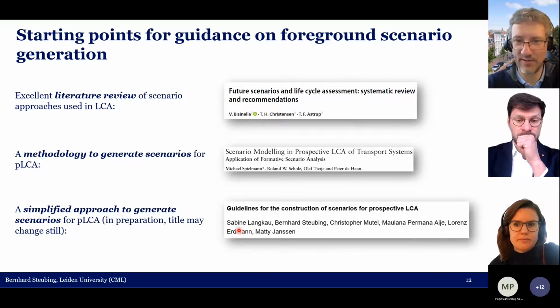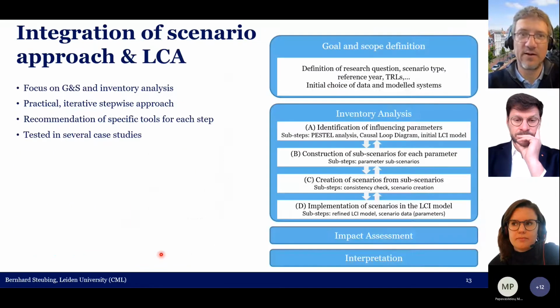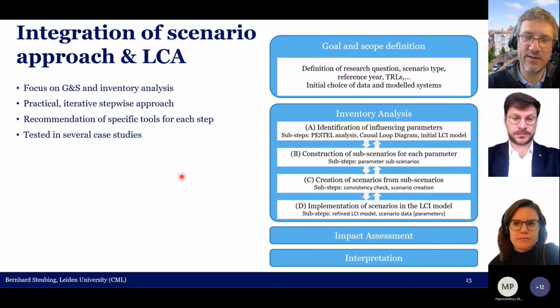This is the approach that we're developing right now. I'll dive more into this now. We have a paper in preparation, but it's not published yet. The approach consists of marrying or integrating a scenario approach and life cycle assessment.